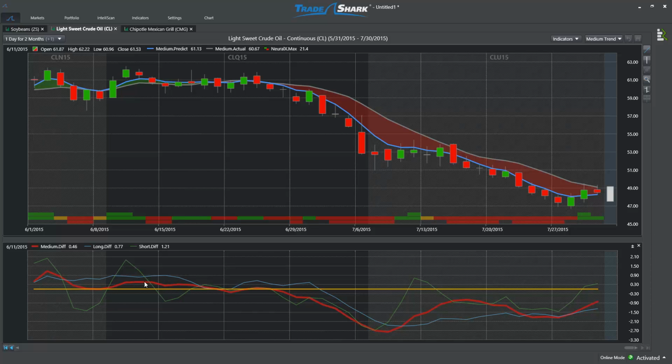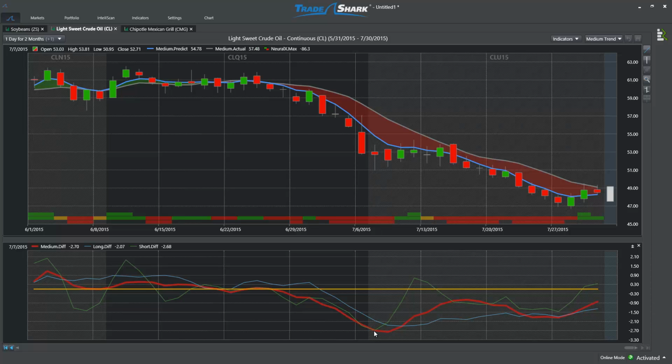But notice what happens as all three predictive differences begin to slope lower and move below the zero line. With confirmation from the neural index, the market weakness really begins to set in, indicating that traders should look to set short positions in line with these TradeShark forecasts.